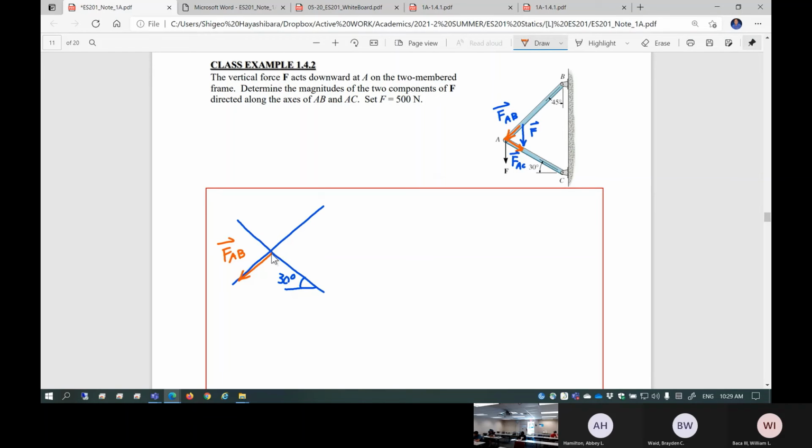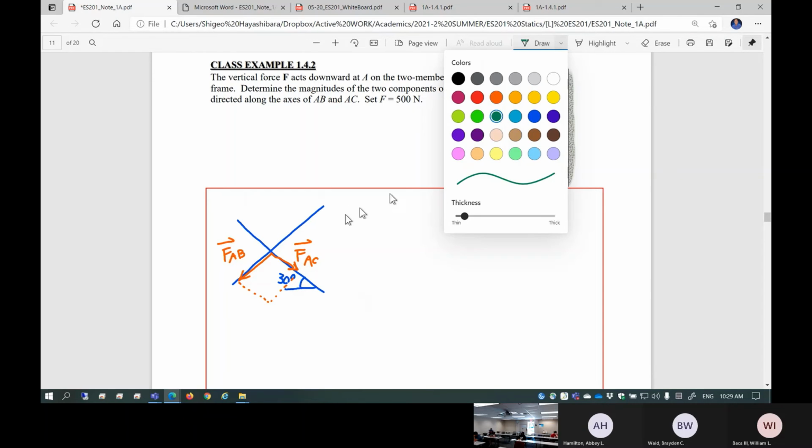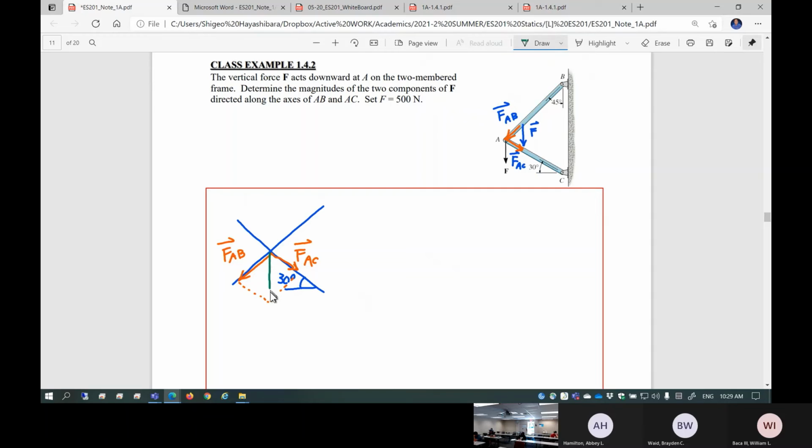Along this line, force FAC is going to be developed. So you're going to add them together, determine the resultant. That is the force F, in which you know the magnitude is 500 Newton.